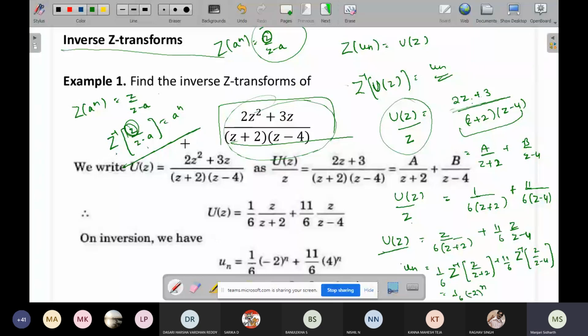Here it is minus, so positive, but if it is plus, that means minus a power n. And plus 11 by 6 times 4 power n. So this is your value of U n. Very simple, but this step is important, otherwise you will be confused.